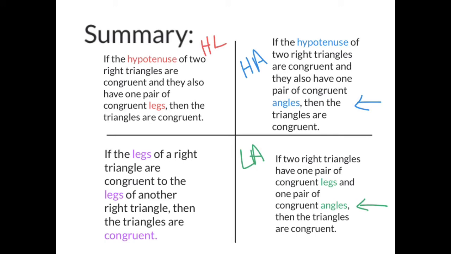And then the last one here in the bottom left is when the two legs are congruent. If the legs are congruent, then you are good to go. You're just missing the hypotenuse, but technically from the two legs, you can say that the triangles are congruent, so therefore the hypotenuse really is also. So again, with right triangles, you only need two sets of information to be congruent, because you already have that they're right triangles. Something to consider as we go through these practice problems.